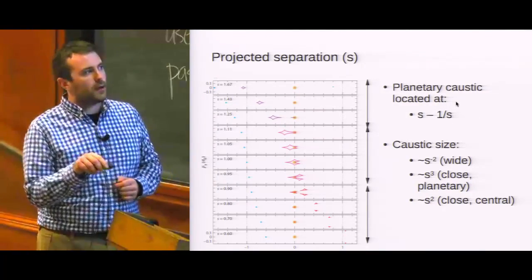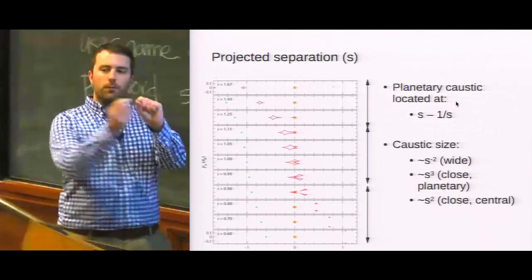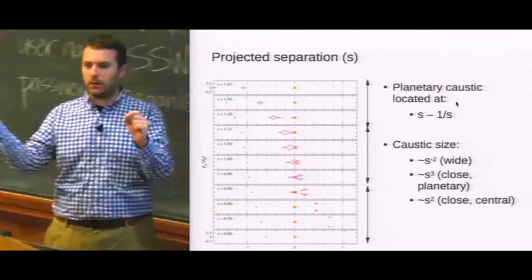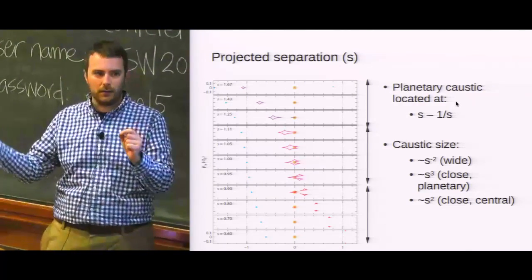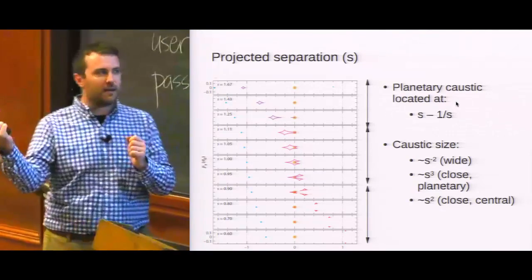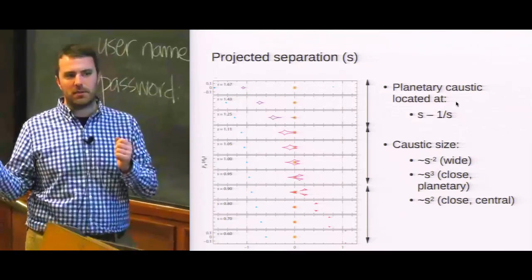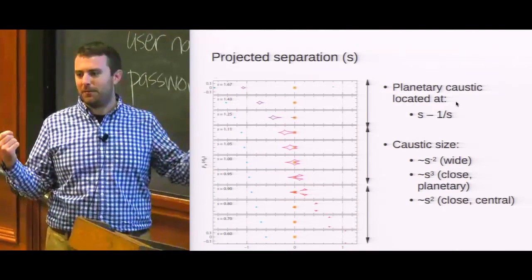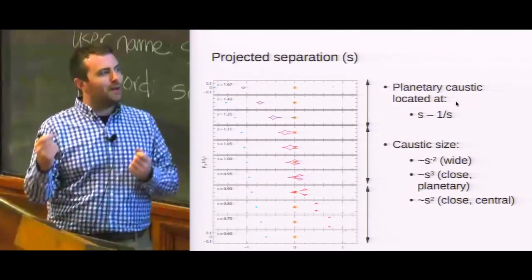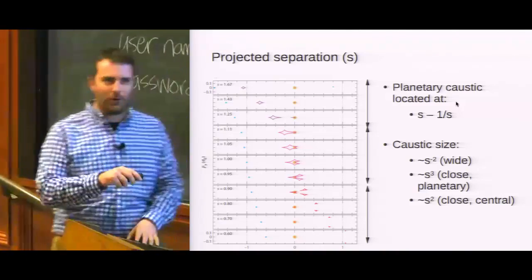But it's not so bad when it comes to wide separation planets, because once you move your planet away from the star, it's just a mass on its own, and a mass can lens just as well as any other. And so you can still detect planets at any separation. Just you might not know whether it's bound to anything or not. So now we're talking about free-floating planets, which is another topic of a lot of interest, but I'm not going to go into.